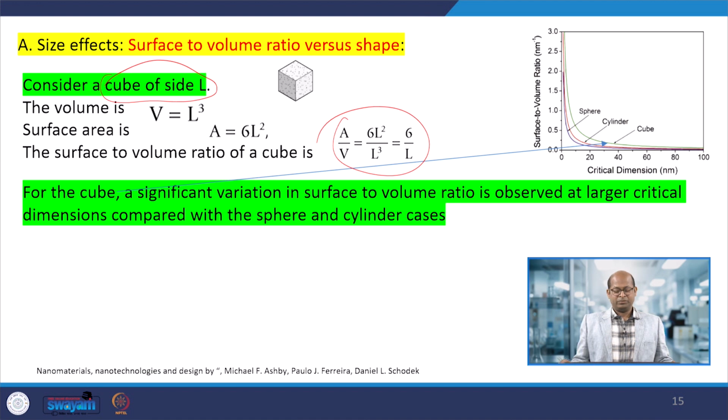So here, the change means that when we change bulk materials to smaller or nanocrystalline materials by considering a particular method of synthesis or preparation method, the property of surface area to volume ratio would change drastically.